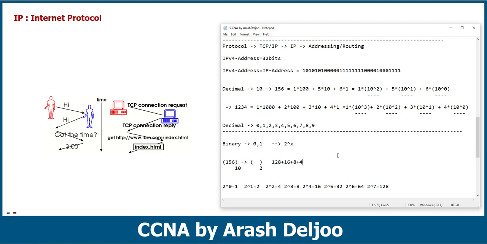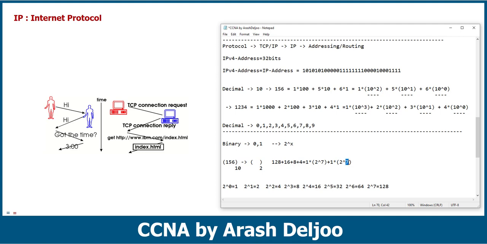This means that if you want to use binary values for creating 156, you can use 1 multiplied by 2 to the power of 7. Let me write it here. This is the first value. We don't want 2 to the power of 6, so let me use 0 multiplied by 2 to the power of 6.